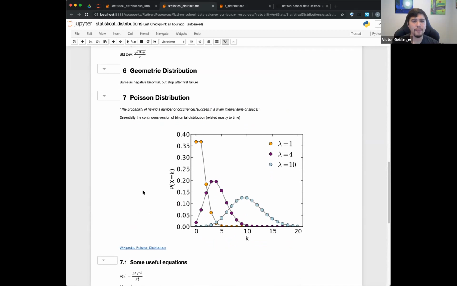Maybe I misphrased this, but with the Poisson distribution, you might ask, how long will it take for the 10th person to walk through your store? It can take maybe a minute for 10 people to walk through the store, or it can take an hour. Maybe it takes 100 years before the 10th person walks through that store. And that's what a Poisson distribution is.